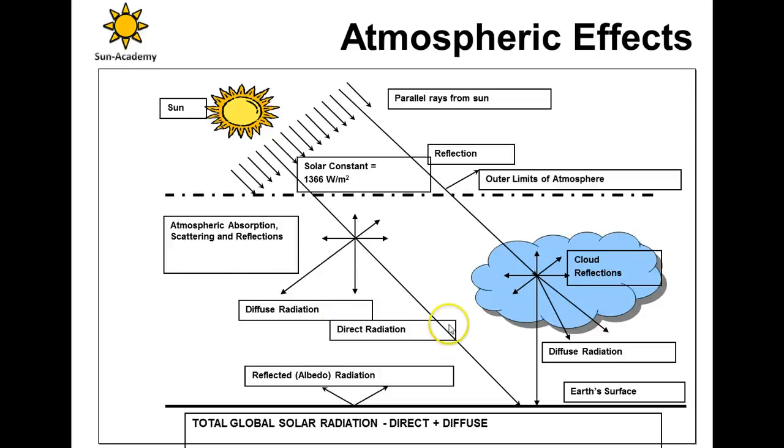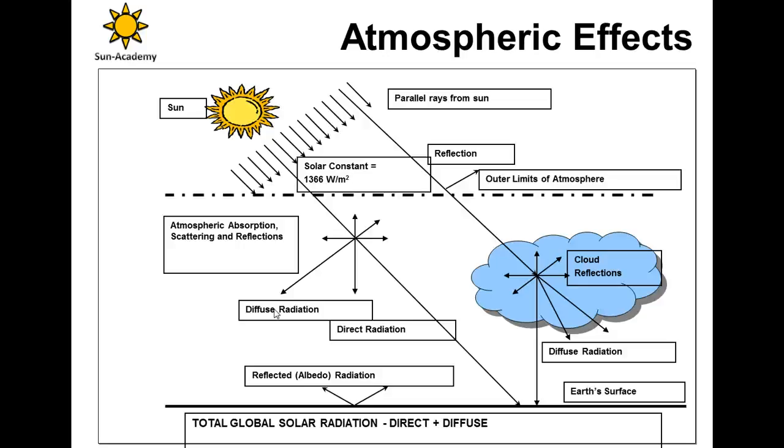Direct beam normal radiation is the component of total global solar radiation incident on a surface normal to the sun's rays that comes in parallel directly from the sun. Diffuse radiation is the component of total global solar radiation incident on a surface that is scattered and reflected, and may also include ground reflected radiation.